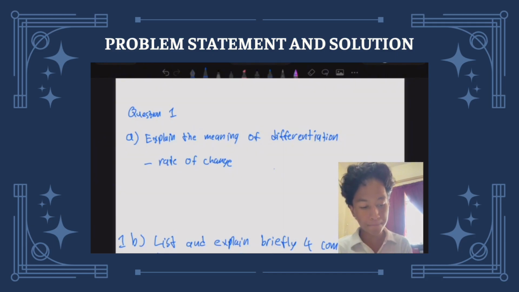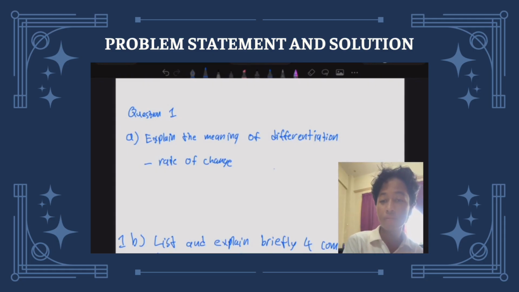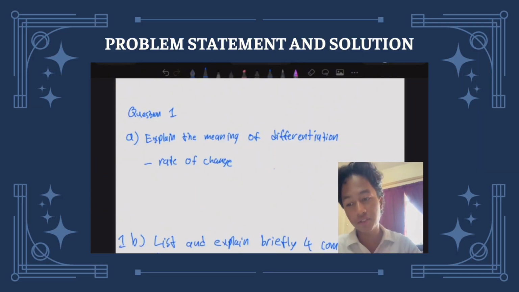So differentiation also has the concept of differential calculus, which is concerned with how one quantity changes in relation to another quantity. The definition of derivative can be approached in two different ways: the interpretation of tangent line and rate of change.